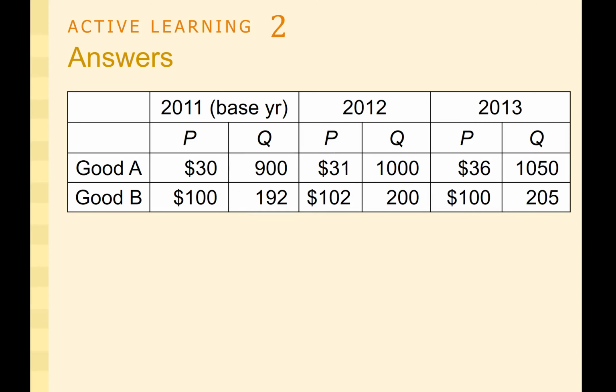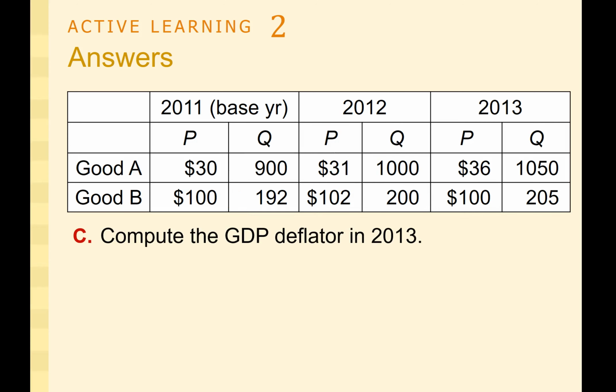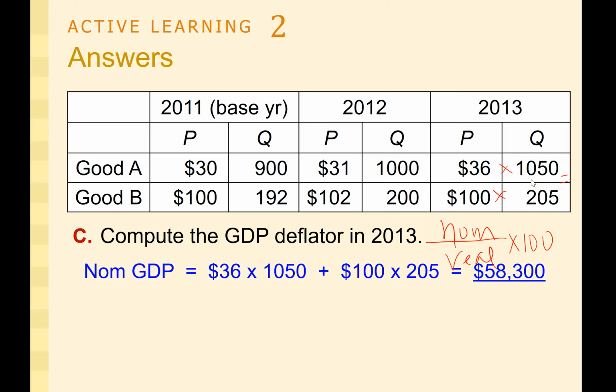And then if we want to calculate the GDP deflator in 2013, remember we're going to go nominal over real times 100. Well, we can find the nominal by doing the multiplication and add, right? Price times quantity. So 36 times 150, and then 100 times 205 gives us our nominal of 58,300. We can do our real by using our base prices.